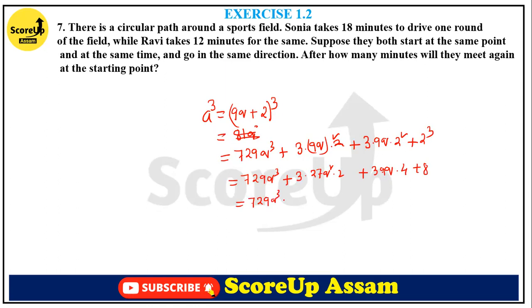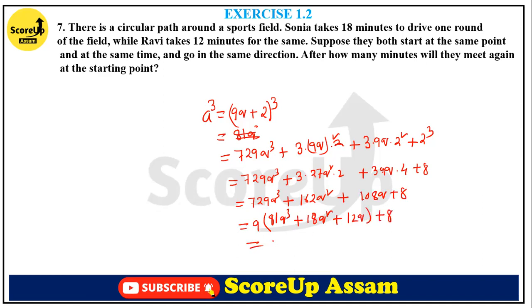So ultimately what will we get? 729q cube plus 486q square plus 108q plus 8. So ultimately again we will take 9 common, and here it will be 81q cube plus 54q square plus 12q plus 8.